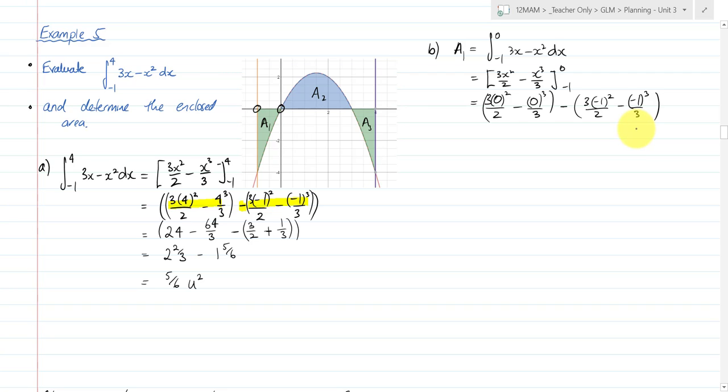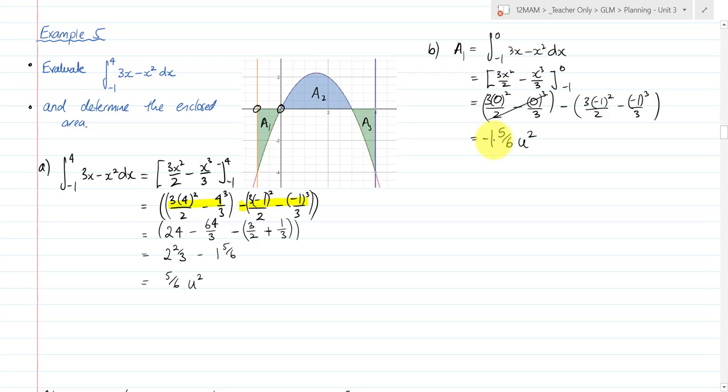So I'm really careful to make sure I've got the right amount of brackets to cover everything, including around the negative 1 and even the 0. Now this turns out to equal 0. When we evaluate this final answer, we get 1 and 5/6 units squared. But of course there's a negative in front there, so it's negative 1 and 5/6 units squared, which is what we expected.